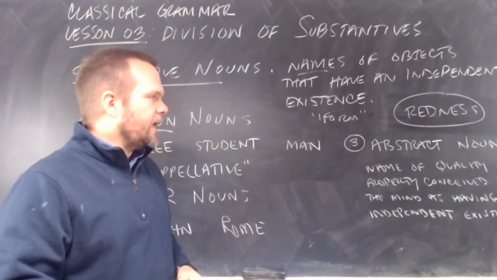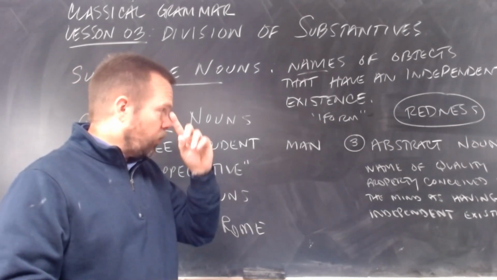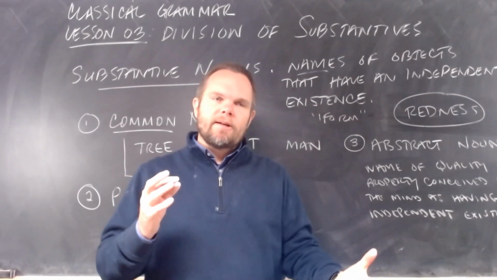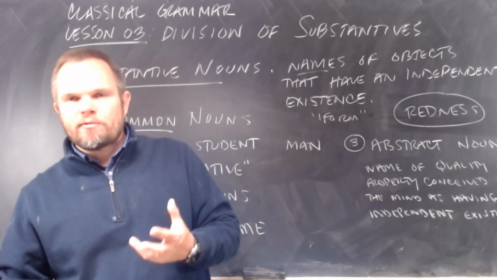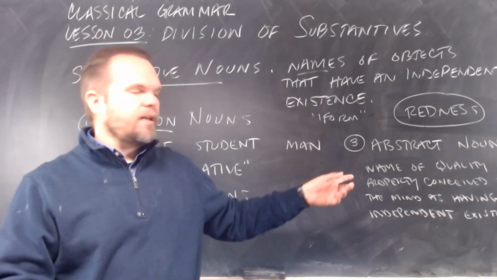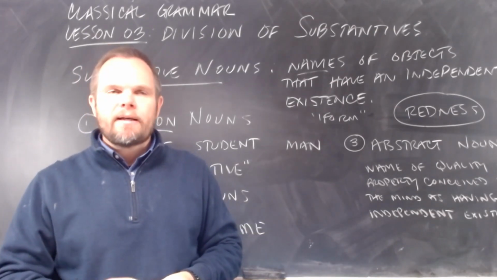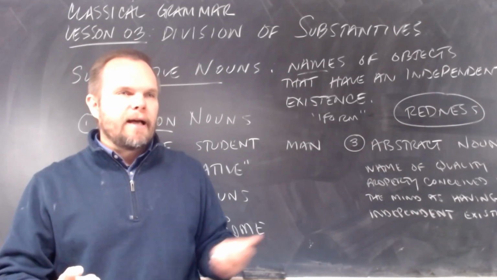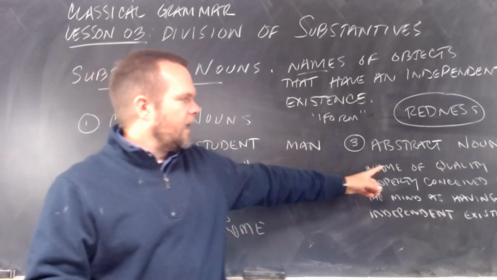So abstract nouns, the names of qualities or properties. And you have to remember, abstract nouns have to be compared to adjectives because they're not the same thing. Happy is not an abstract noun. Happy is an adjective. Tall is not an abstract noun, the name of a quality.